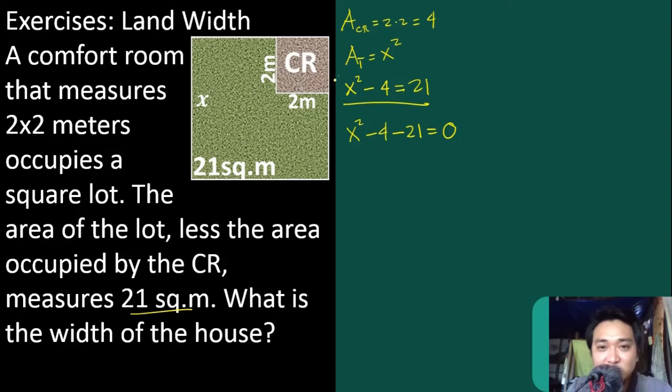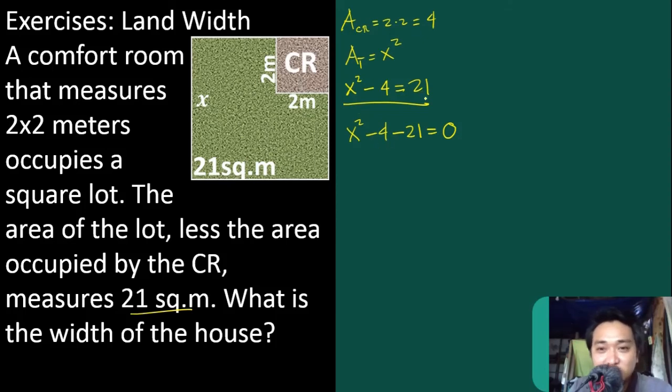Kasi kung ano yung ginawa mo sa left, dapat gawin mo rin sa right para manatiling equal. So andyan na, x squared minus 4 minus 21. Dito naman, 21 minus 21, it becomes 0. So, ganun yung nangyari dyan if you're going to use the proper method.